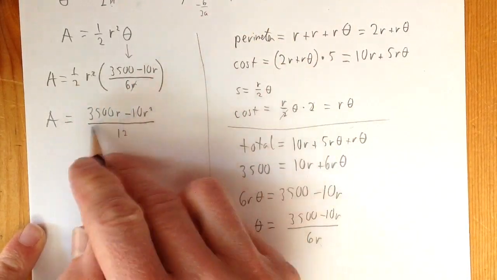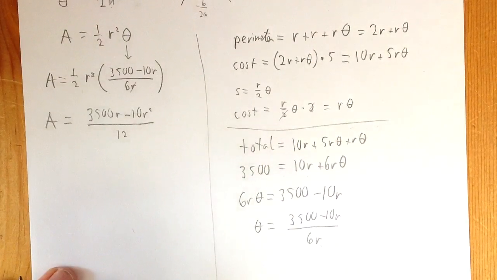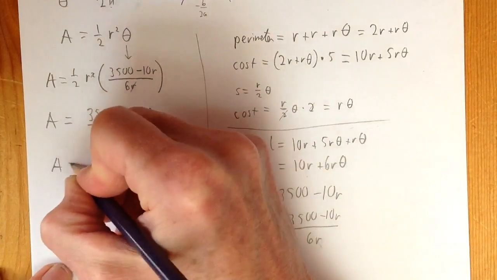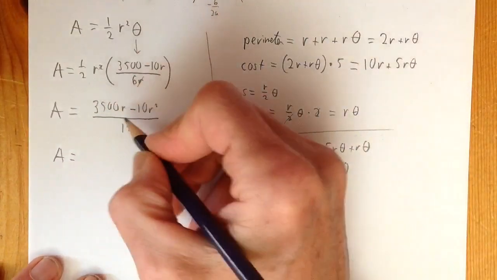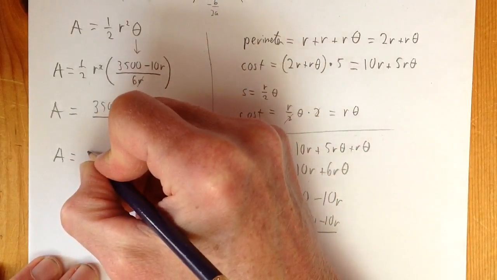Well, let's divide that out. Probably it's not pretty. What's 3,500 divided by 12? 291.6666, so 291 and 2/3. Yeah, that's good enough.